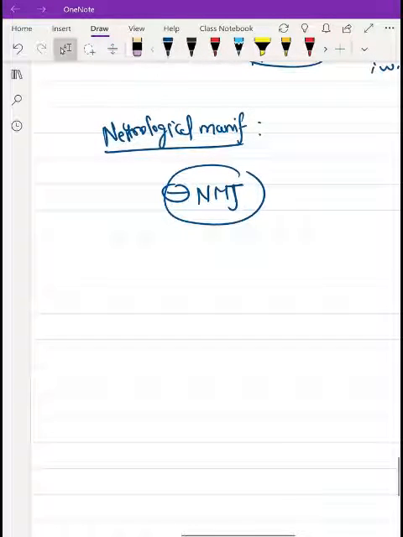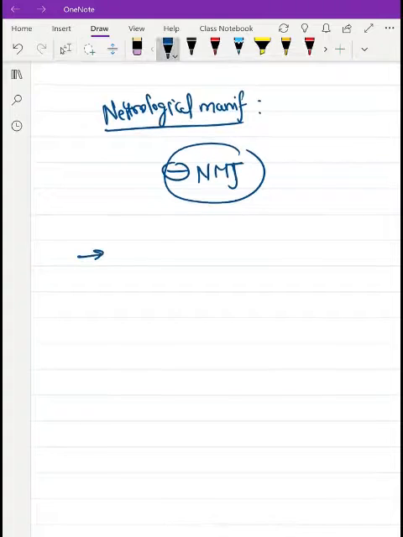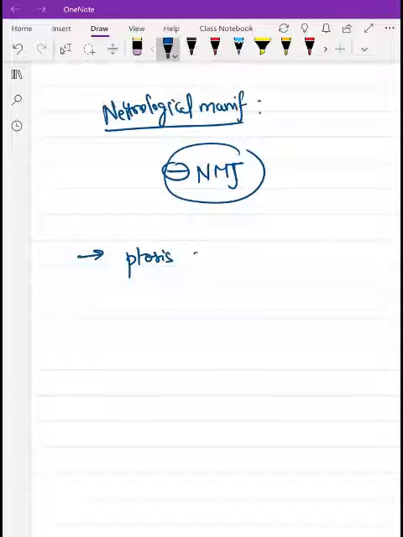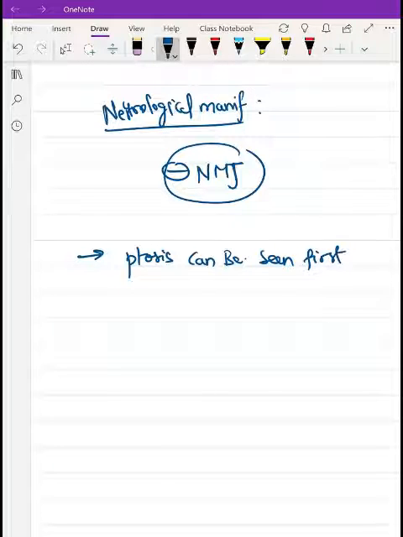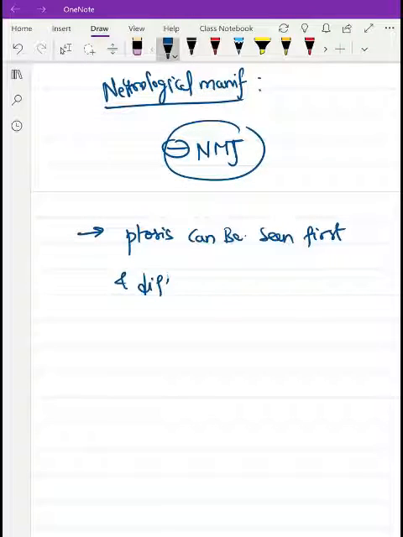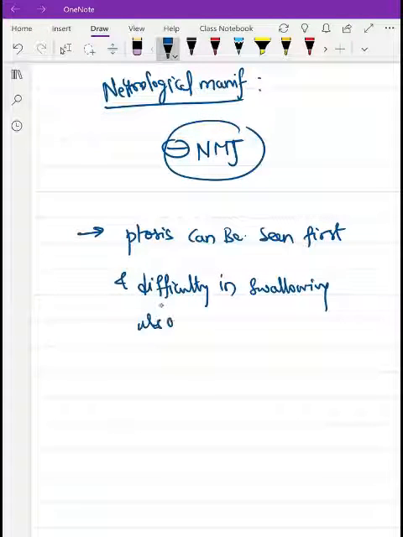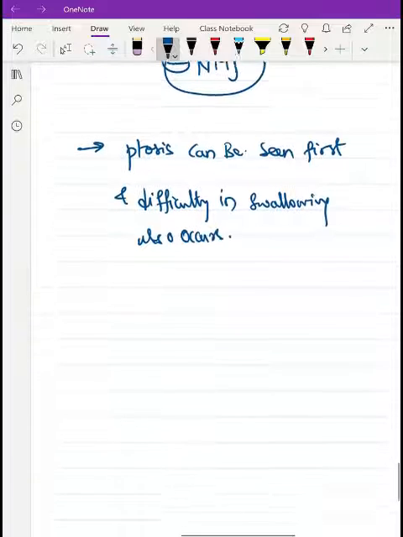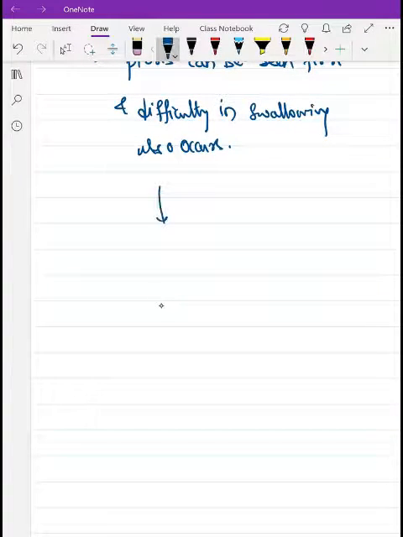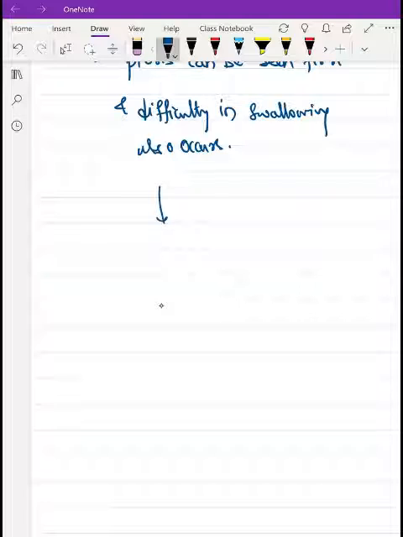When the envenomation is less, ptosis can be seen first, and difficulty in swallowing also occurs. Later, we can see peripheral muscle weakness.